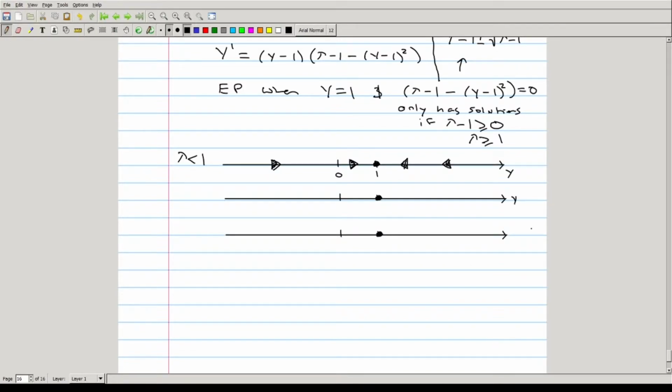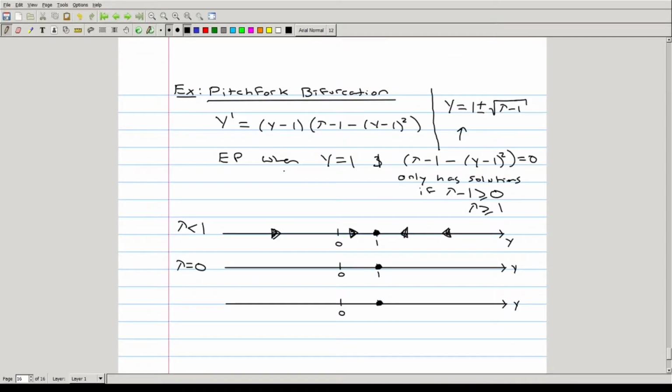No matter what, y equals 1 always remains a critical value. But if lambda equals 1, we'll still have one critical value. And this expression will be negative (y minus 1) squared, which is going to be negative times (y minus 1).